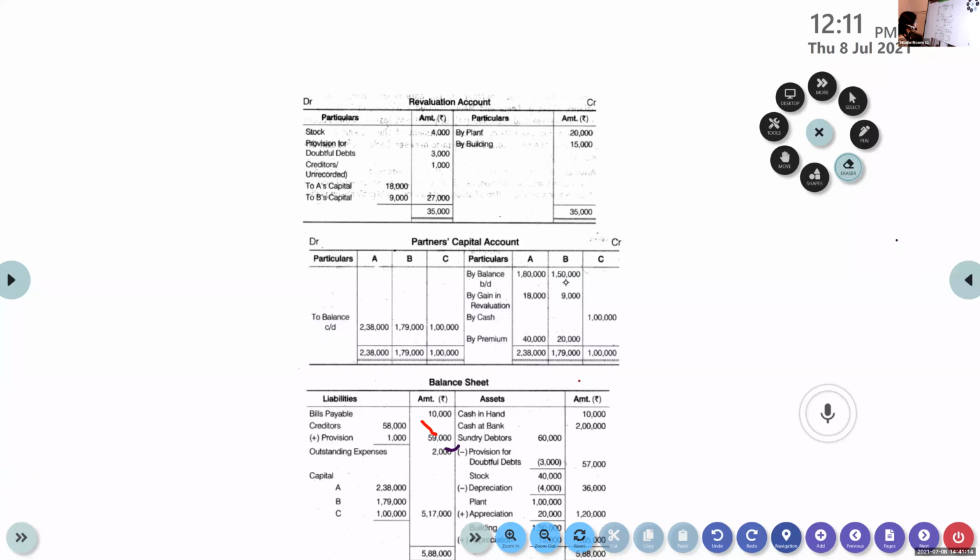And then we will balance this. So by balancing the partners' capital account, you get the new capitals, how the new capital should be maintained by all the 3 partners. So we get the capital account balances for A, B and C.